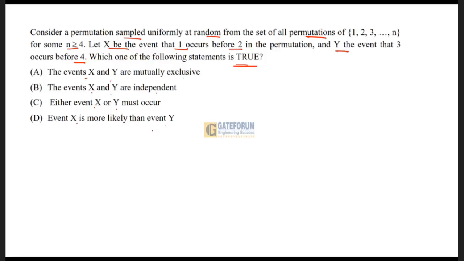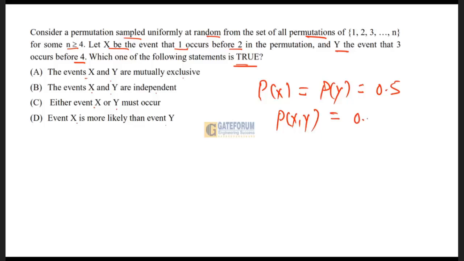So in this case, we have P(x) equal to P(y), and that is 0.5. And P(x, y), if you see, is the probability that x occurs before 2 and y occurs before 3, right?